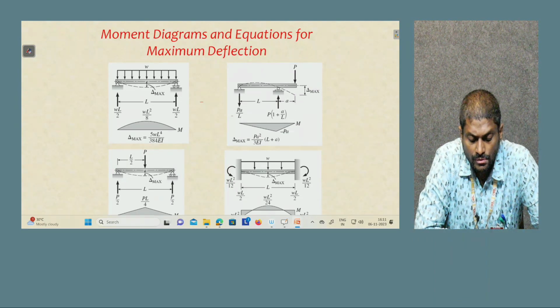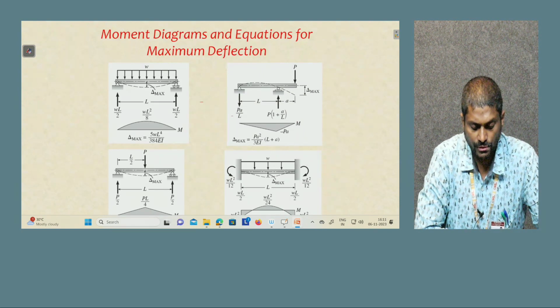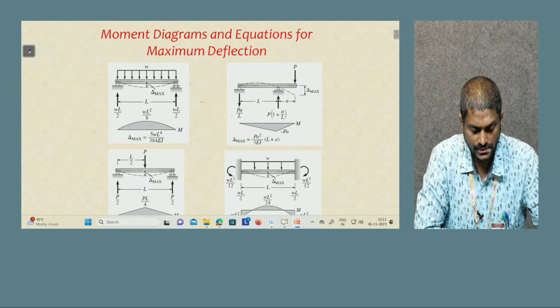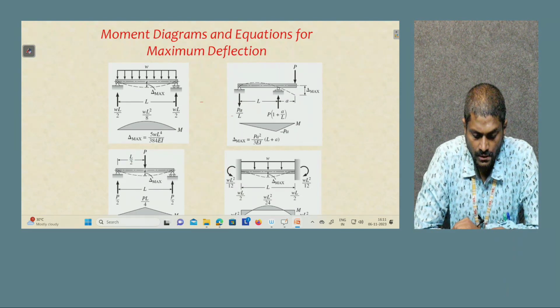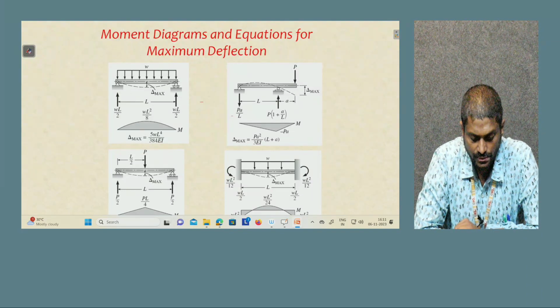Then you have one more type of beam, that is simply supported with overhang. So you have reactions Pa by L and P into 1 plus a by L, and you are going to get delta max at the overhang portion, that is where P is being applied, and the diagram can be seen.